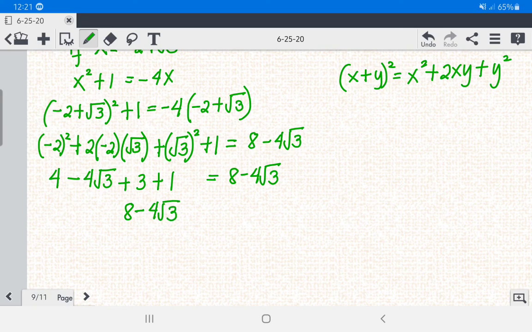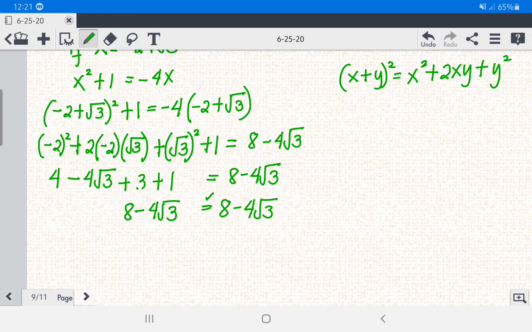You will just combine similar terms here. So 4 plus 3 plus 1, we have 8. Then you will just copy the radical, so we have negative 4, or minus 4 square root of 3. Then equals 8 minus 4 square root of 3. So, check. They are equal, right?